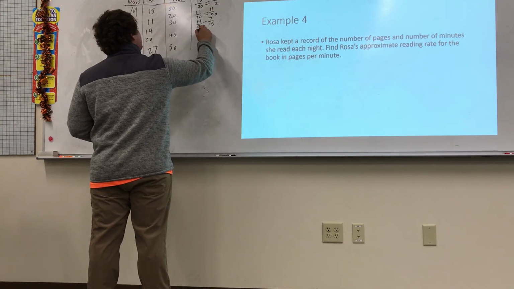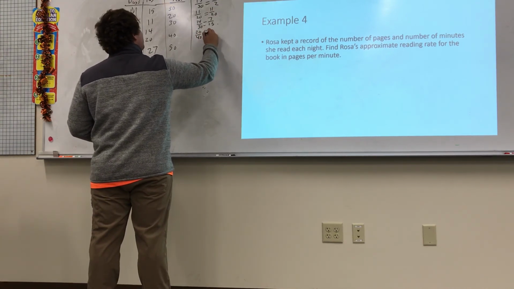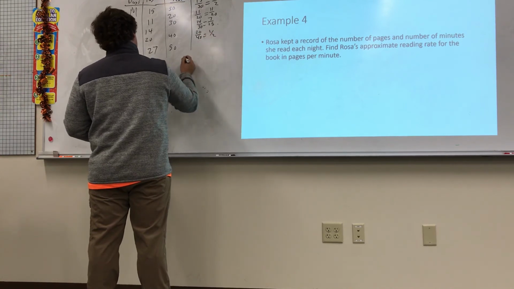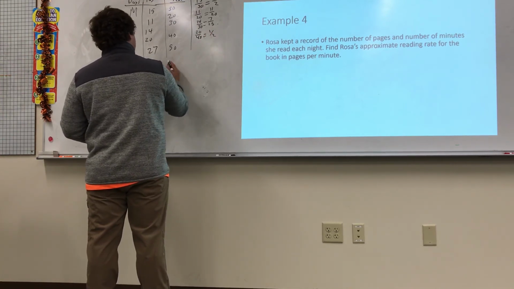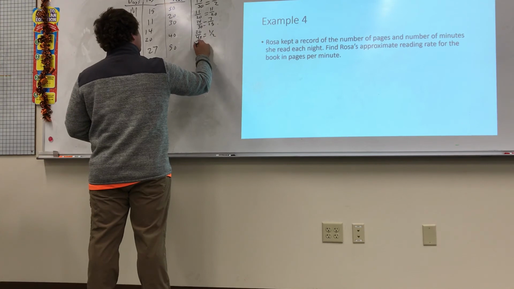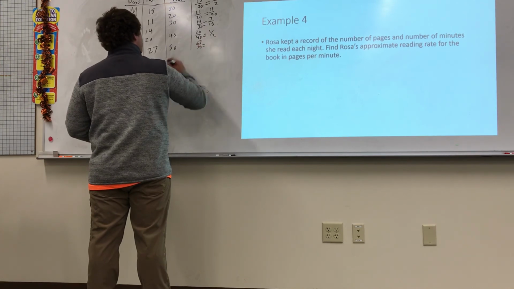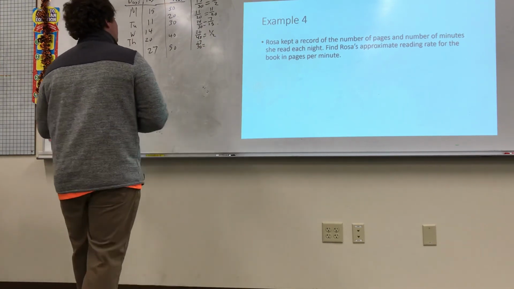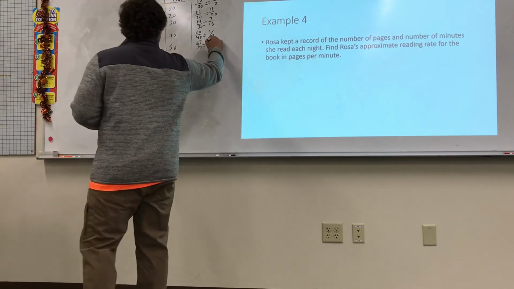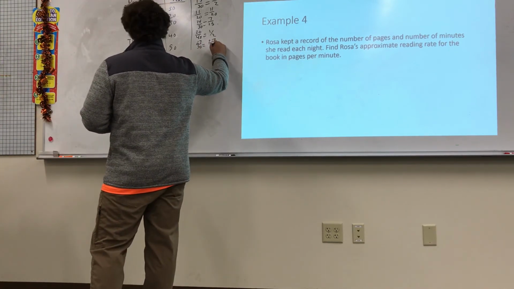Okay, 20 over 40 would then be 1/2. And then the other one, let's see, you got 27 over 50. I don't think that one reduces either. So that one would be left at 27 over 50. Okay.